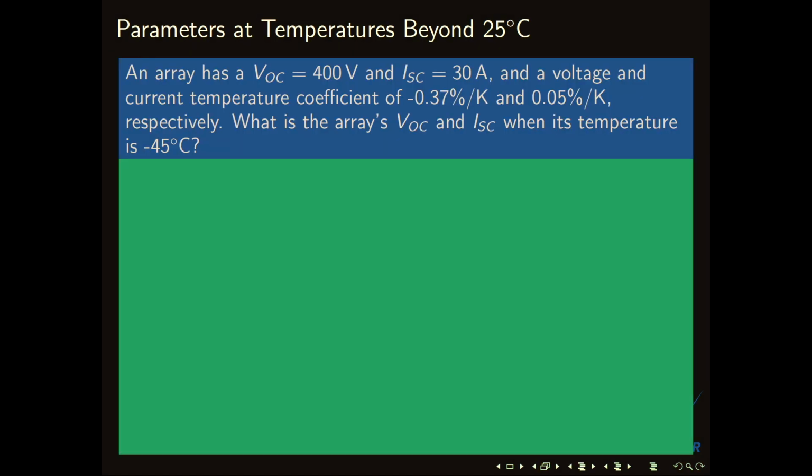Suppose we have a solar array now with an open circuit voltage of 400 volts and a short circuit current of 30 amps and the following temperature coefficients. And we want to figure out what this array's open circuit voltage is going to be at the coldest time of the year, which is going to be minus 45 degrees Celsius.